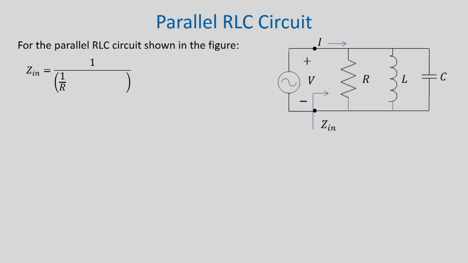For this type of circuit, we can write Z in is equal to 1 by (1 by R plus 1 by j omega L plus j omega C), and this can be written as 1 by (1 by R minus j by omega L (1 minus omega square L C)).